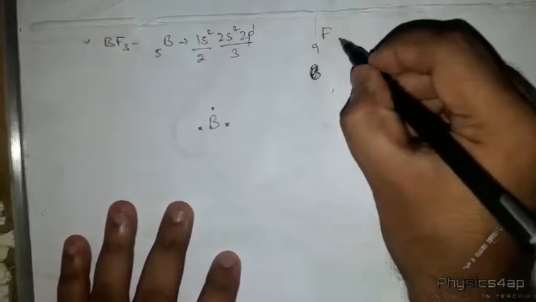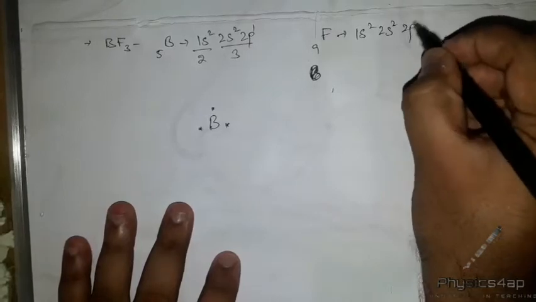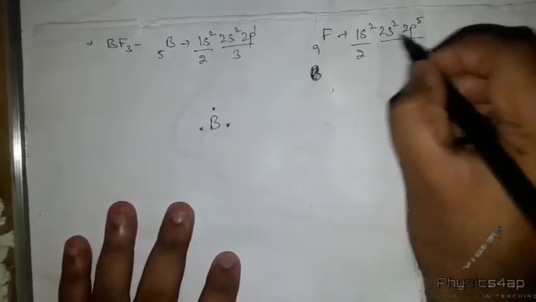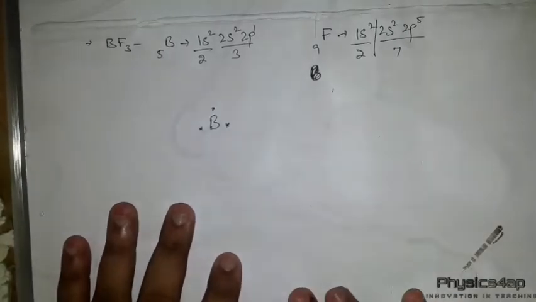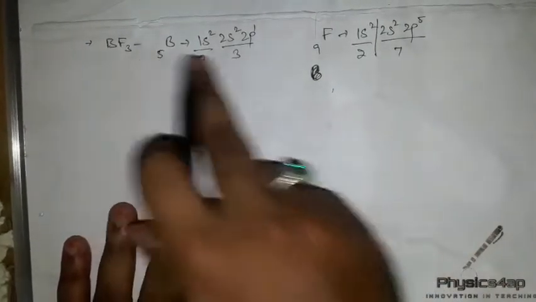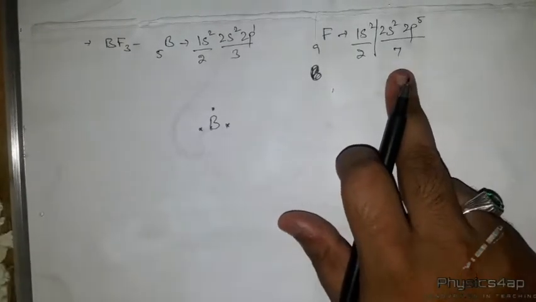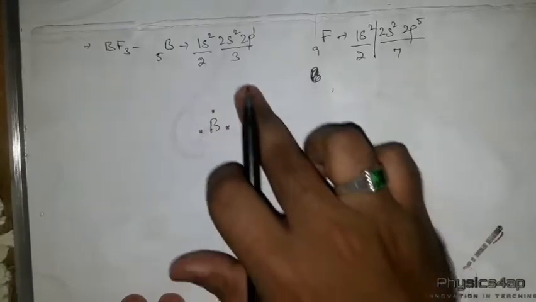Coming to fluorine, atomic number 9, 1s2, 2s2, 2p5. So the first shell has 2 and the second shell has 7. Now we represent the 3 fluorines, which each have a lone electron that will be paired with boron.